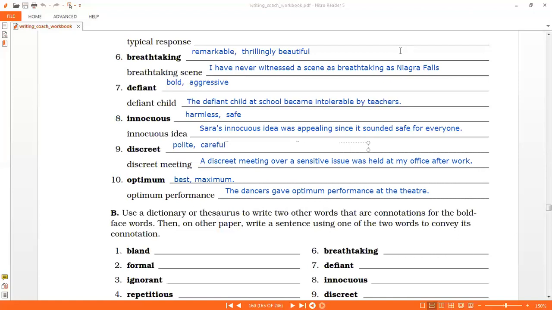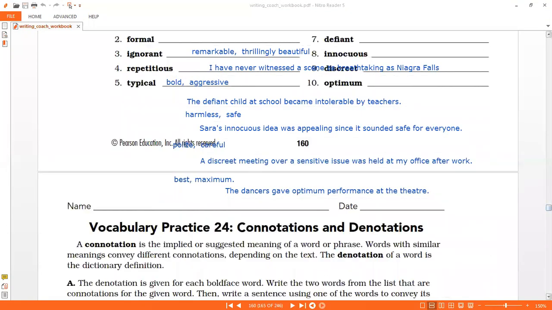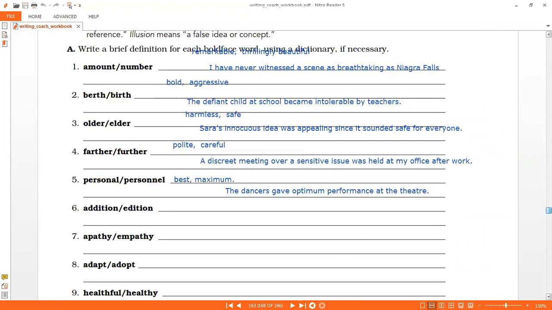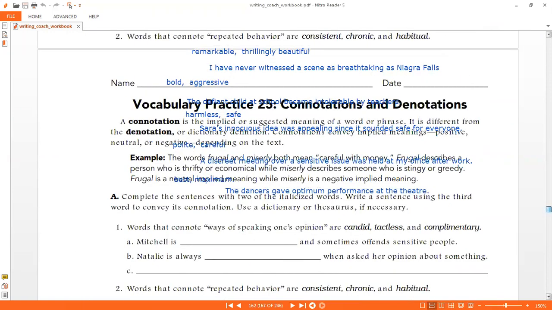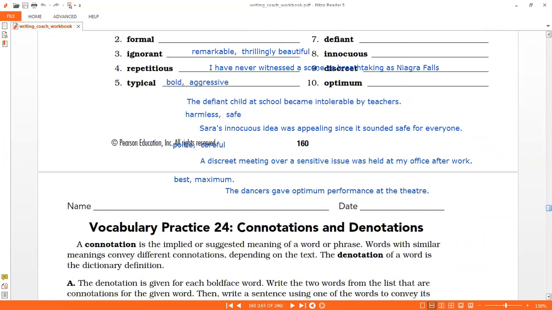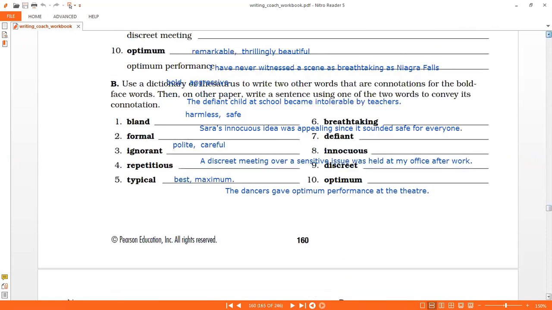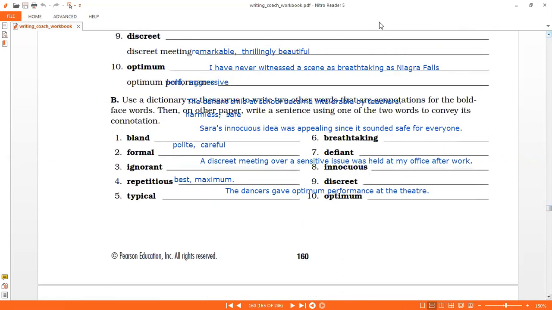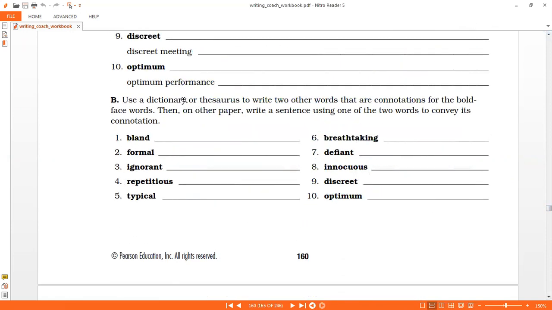Okay, so since it's done, I'll move down to the next part of the lesson. It is question B. Use a dictionary or thesaurus to write two other words that are connotations for the bold face words.